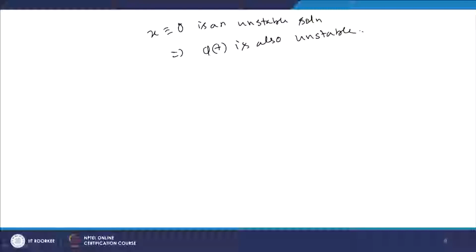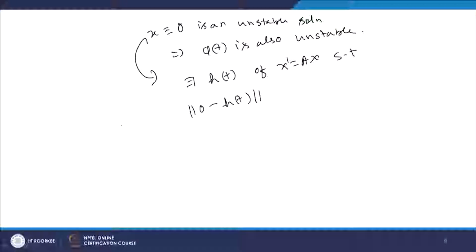So, how can we look at it? If x equal to 0 is an unstable solution, it means that there exists a solution h t of x dash equal to a x such that, for every epsilon greater than 0, I can find out that we have a solution h t such that norm of 0 minus h t is greater than epsilon for every delta such that norm of h of t naught is less than delta.